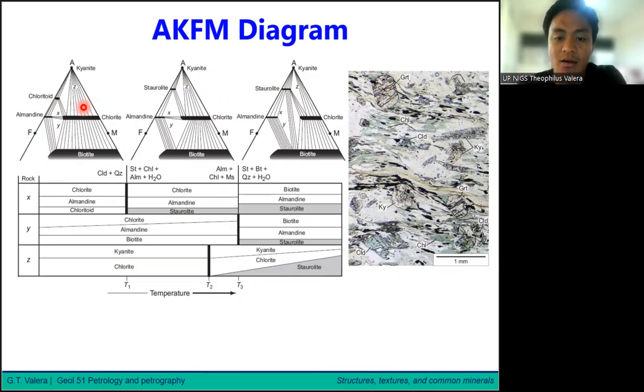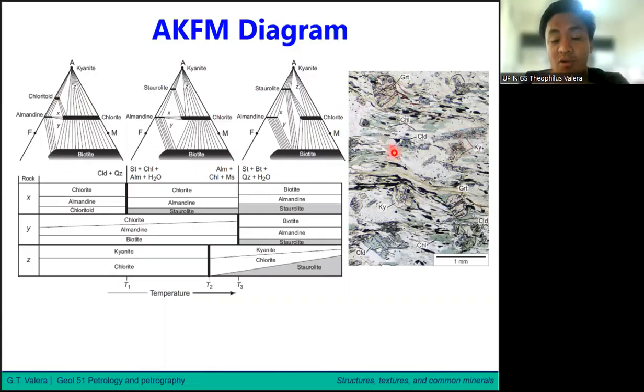Okay? And conversely, it's not always good to follow yung Barrovian series to estimate yung metamorphic grade mo. Kasi nga, depende sa bulk composition, you can actually be missing out certain isograds.